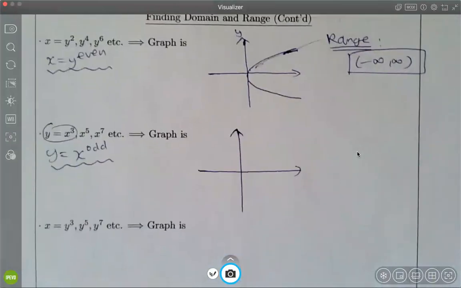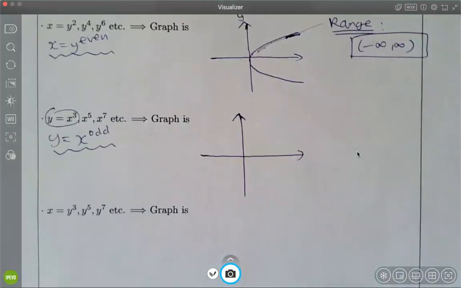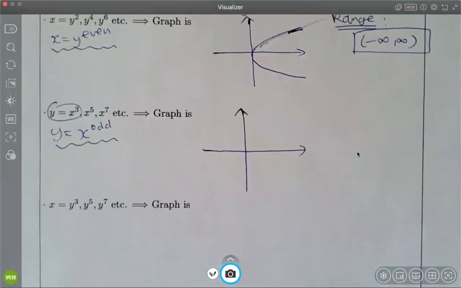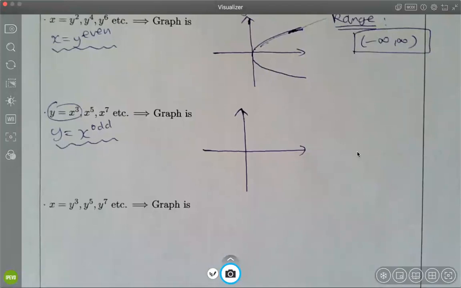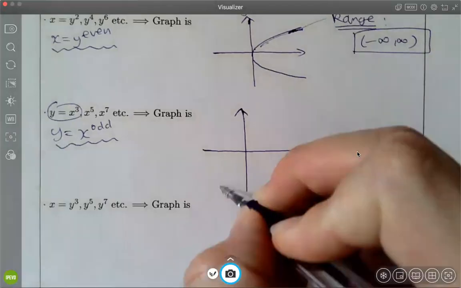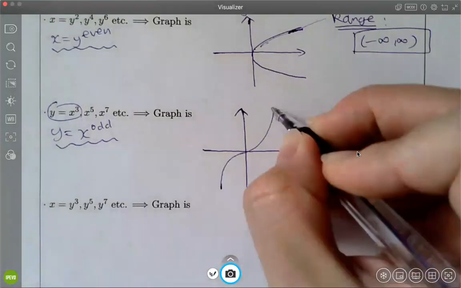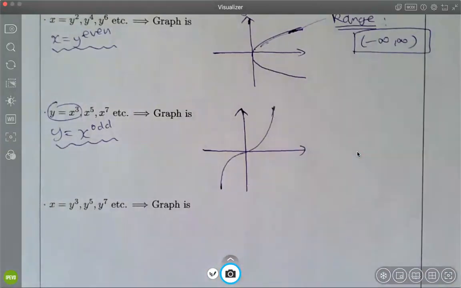Remember this? The snake thing or S-shaped graph?